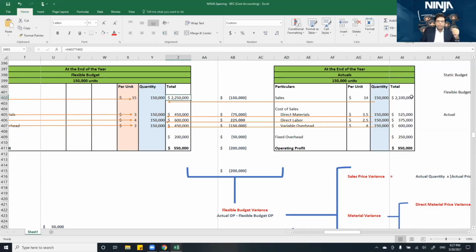Now, again, if you see direct material, now our direct material for 150,000 units would have costed me 450, but it costed me 525. The reason it costed me 525 is because the quantity is same, I spent 3.5. I spent $0.5 extra per direct material. Direct labor.